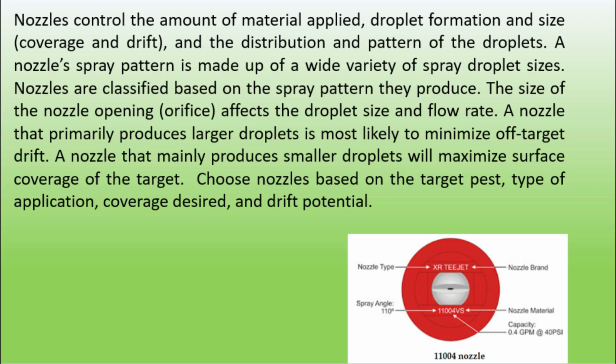A nozzle that primarily produces larger droplets is most likely to minimize off-target drift. A nozzle that mainly produces smaller droplets will maximize surface coverage of the target. Choose nozzles based on the target pest, type of application, coverage desired, and drift potential.